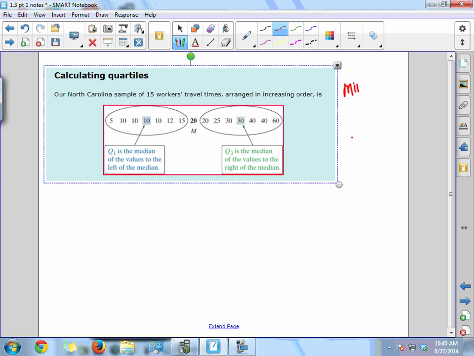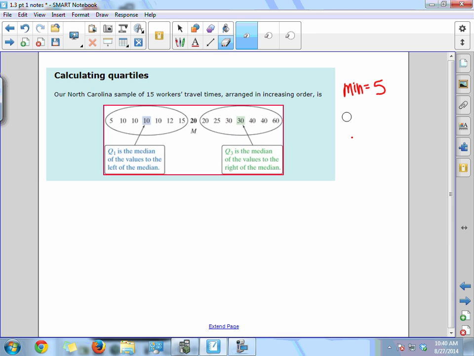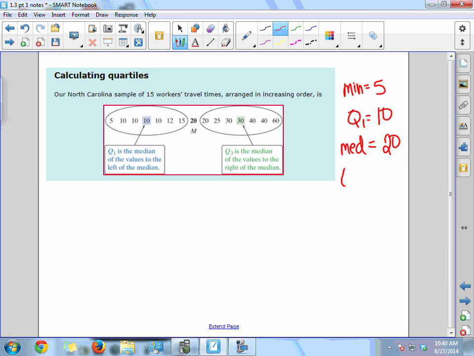So our minimum is just the smallest data point, which is 5. Our Q1, I'll do them in order, is going to be 10, right? Our median, I'm having a hard time writing today, is going to be what? 20. Our Q3 is going to be 30. And then our maximum is going to be 60.